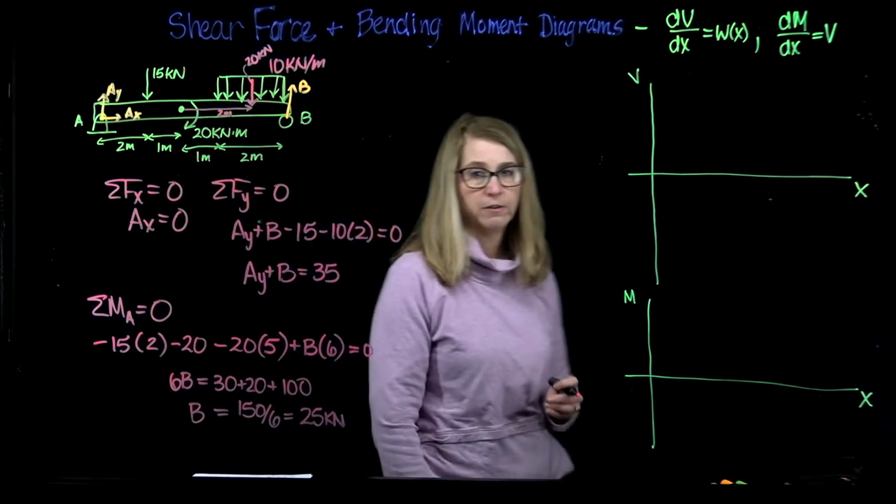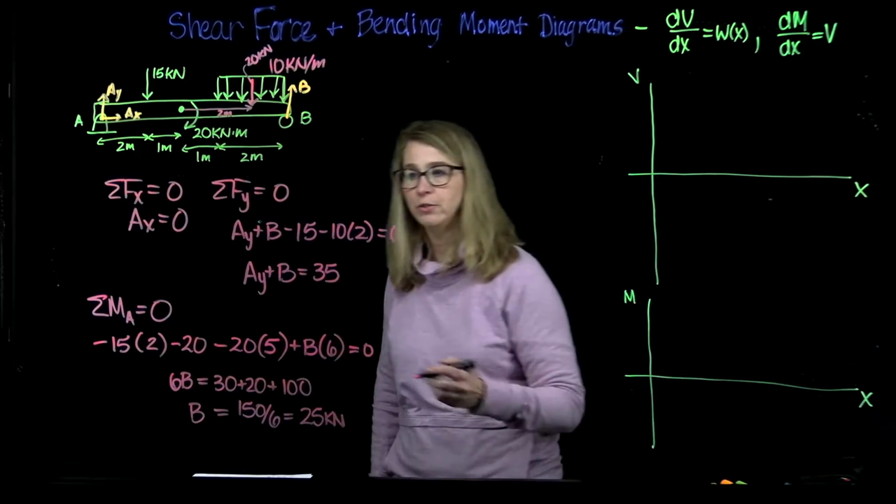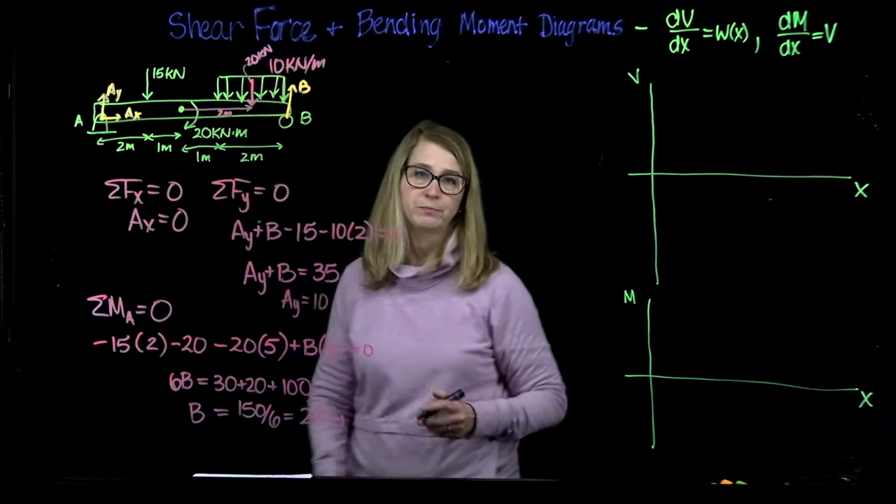And so when we solve for the support reaction at B, we find that it's 25 kilonewtons, which means that AY is equal to 10 kilonewtons.